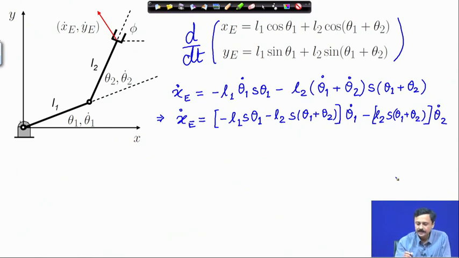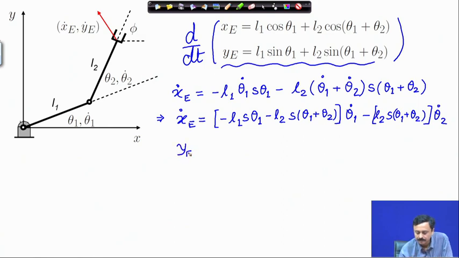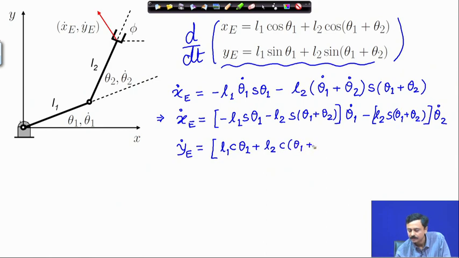Similarly, if I differentiate the second relation with respect to time, then I will have y e dot equal to L 1 cosine theta 1 plus L 2 cosine of theta 1 plus theta 2.